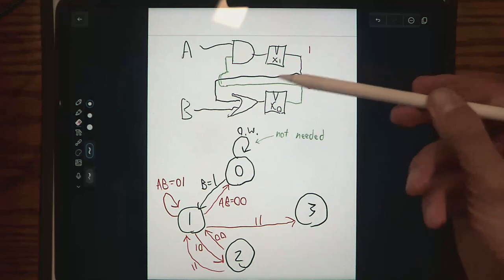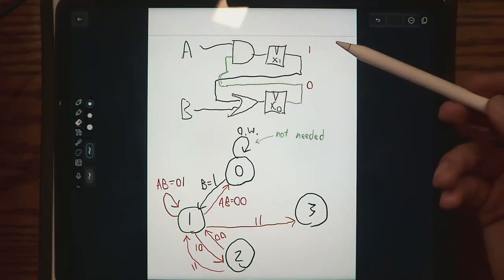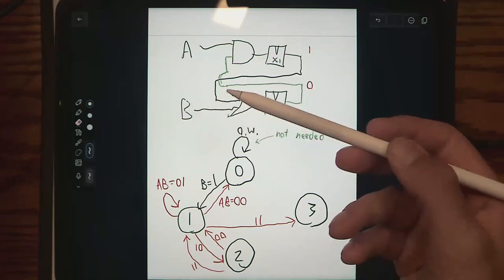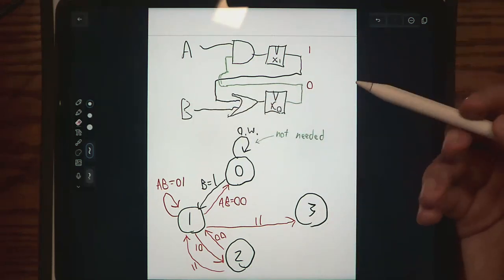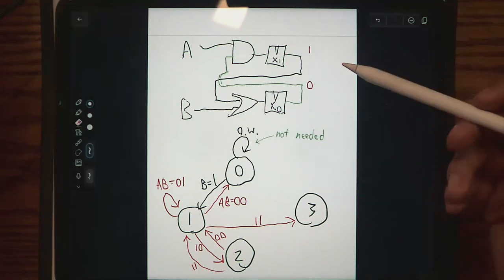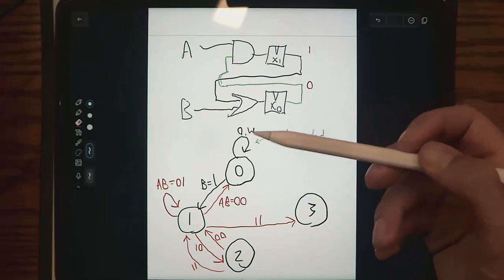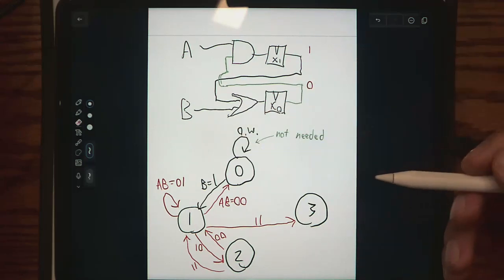So we have 0 ANDed with 1, so that will produce a 0. Then we have 1 ORed with 0, that will produce a 1. So what will the next state be? What is it? 1. Yeah, 1.